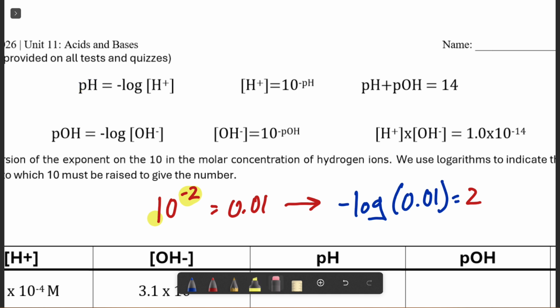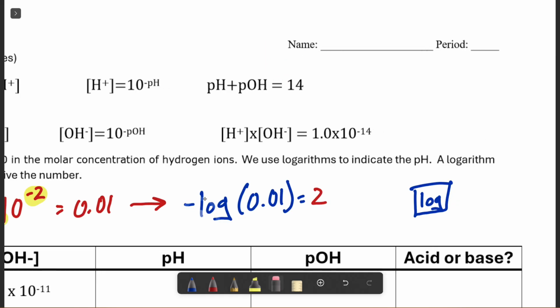I can reverse that. So H plus, the concentration of hydrogen ions, is just equal to 10 to the negative pH. So if my pH is 2, then H plus is equal to 10 to the -2 molar.